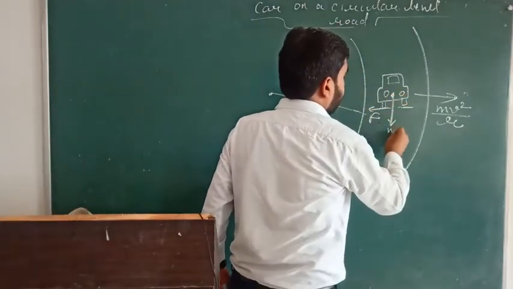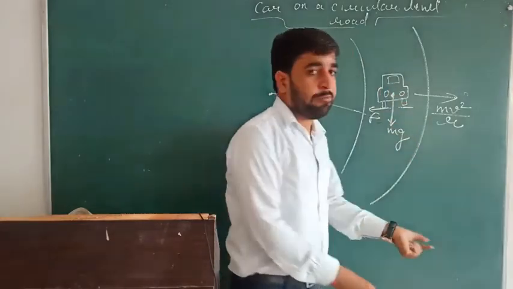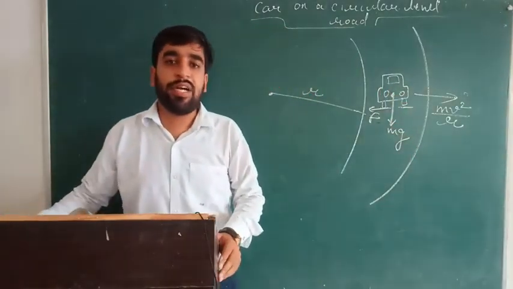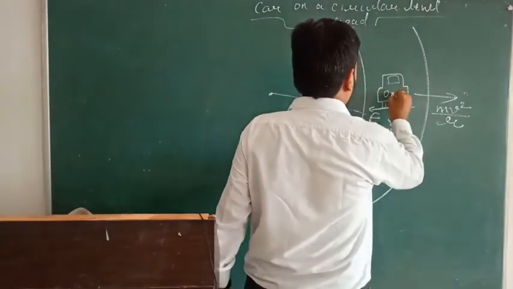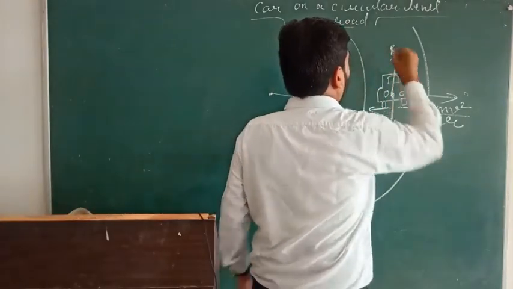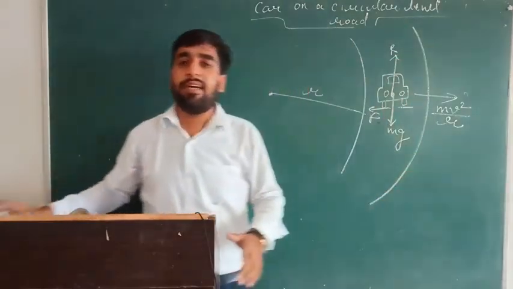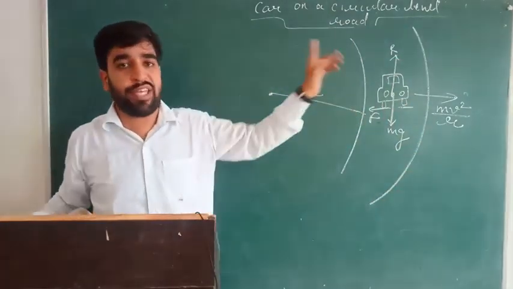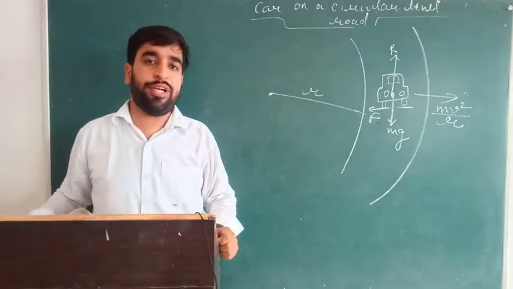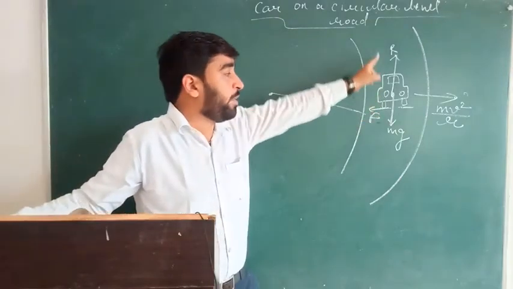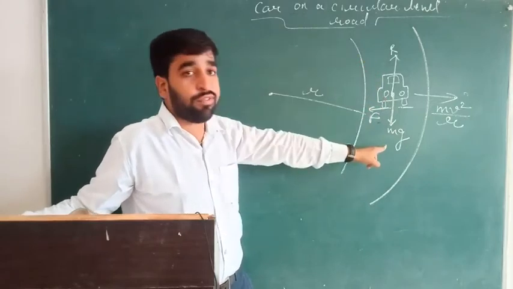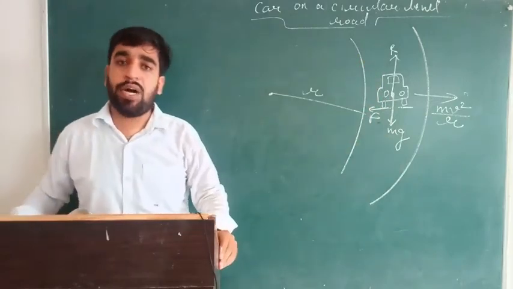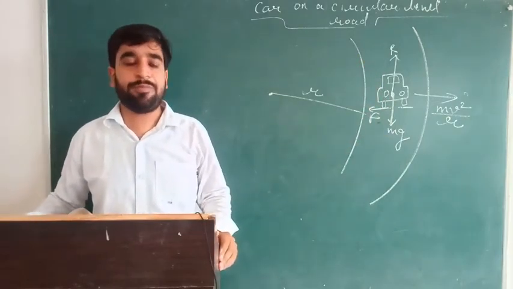One force is the weight of the car mg, in the vertical downward direction. One force is the normal reaction of this car. Normal reaction is always normal to the surface of the body. Remember this point. And the weight mg is vertically downward.